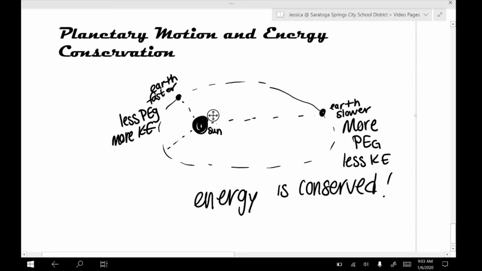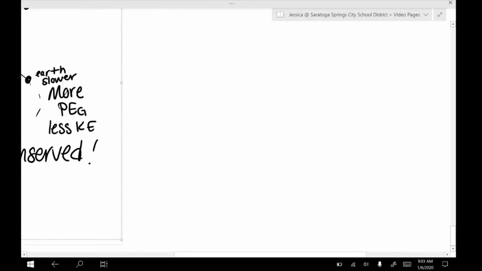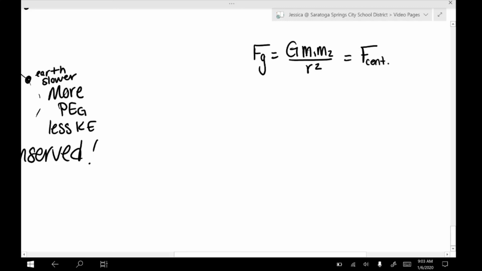This idea of planetary motion and gravitational potential energy at a distance is a lot more rare than the rest of the stuff with gravity that I talked about. So the most important things that you need to be aware of is this Fg equals G m1 m2 over r squared equation, and the idea that gravity can be the centripetal force, which we can then set equal to m a c, and all of the different consequences from that.